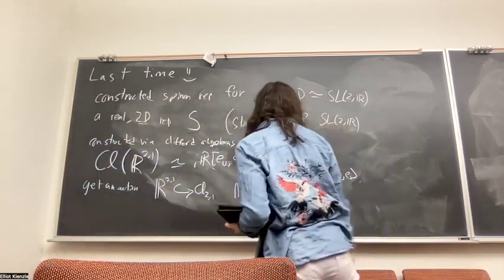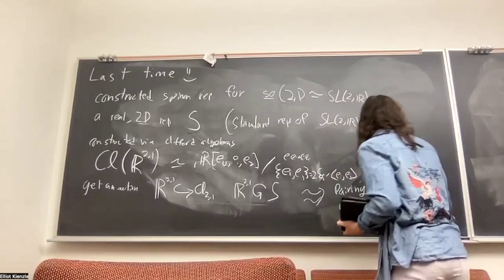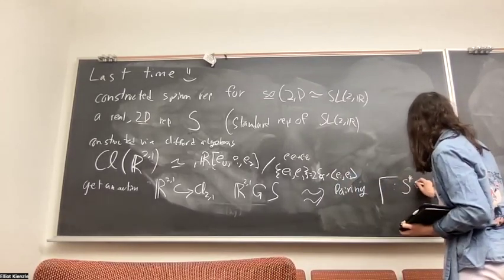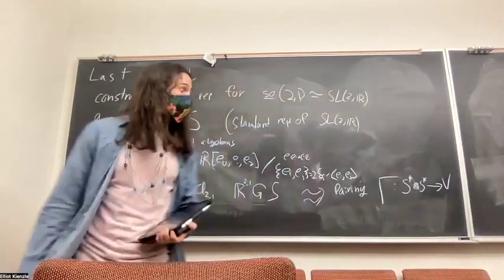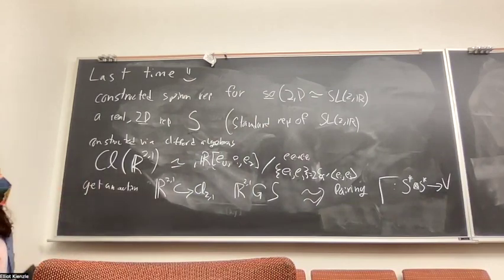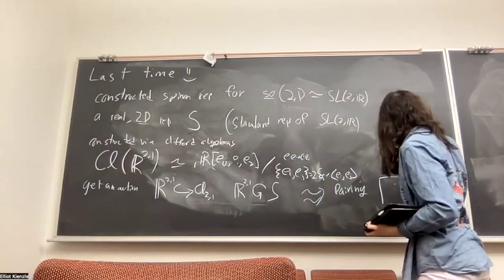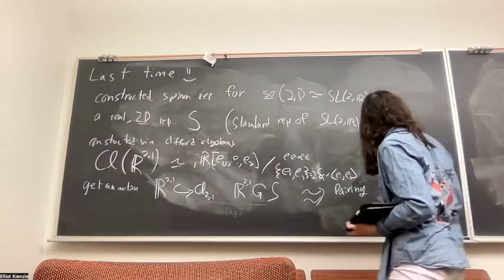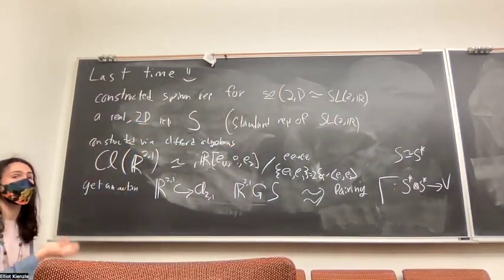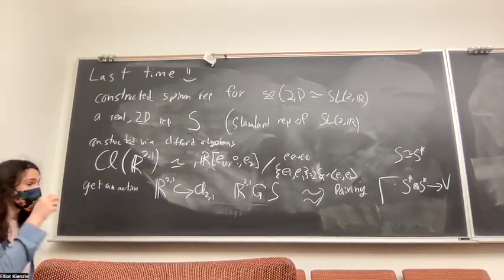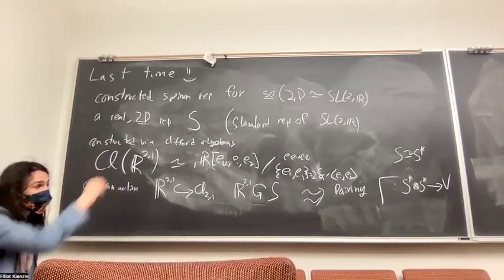We can rewrite it in tensors in fancy ways to get a pairing gamma, which maps S dual tensor S dual to V. To get that pairing, we're using in a vital way the fact that for this real representation, it's isomorphic to its dual. But the point is you should think about this pairing as originating from multiplying by a vector, acting on it by the Clifford algebra. Clifford multiplication by a vector is the origin of that pairing.